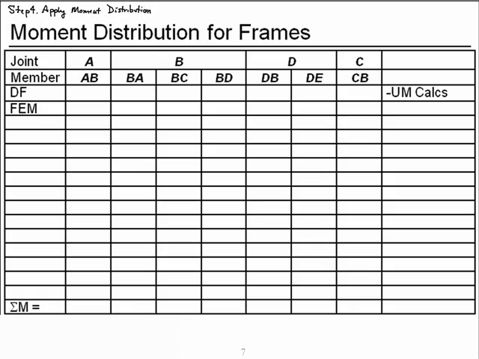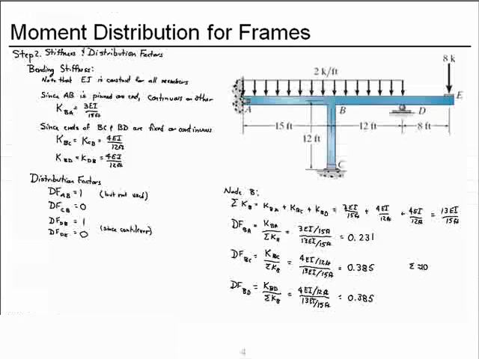So I've created a worksheet where each of the nodes or joints are listed, along with each member framing into that node. And we need to input the distribution factors for node A. We said it would be 1. CB, we said it would be 0.